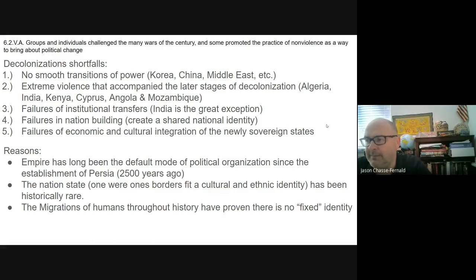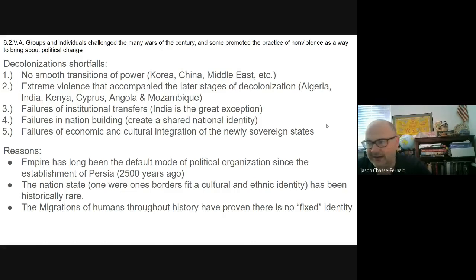Over 10 million people are going to be relocated, often forcibly relocated, as a result of the partitioning of South Asia into East Pakistan and West Pakistan and India. Estimates range from 500,000 killed to around 1 million killed, on top of the 10 plus million relocated or forced to relocate. Very, very violent time.